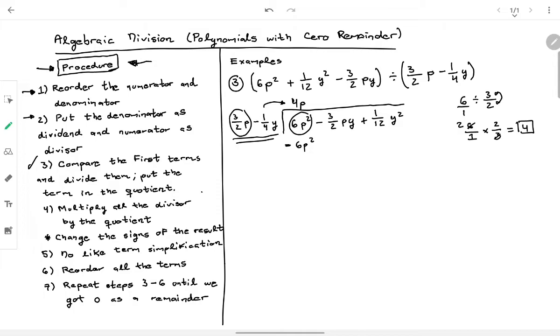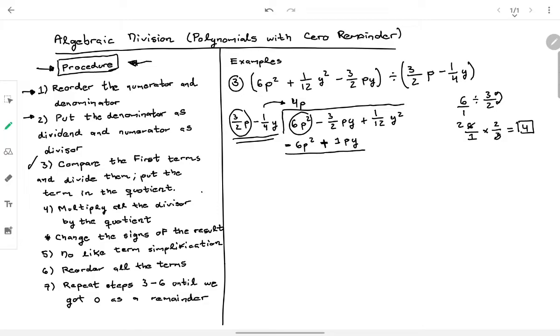The second one, it's going to be minus 4/4. 4/4, it's 1. So it will be minus 1 py, but remember, we need to change the sign, so it will be positive 1.